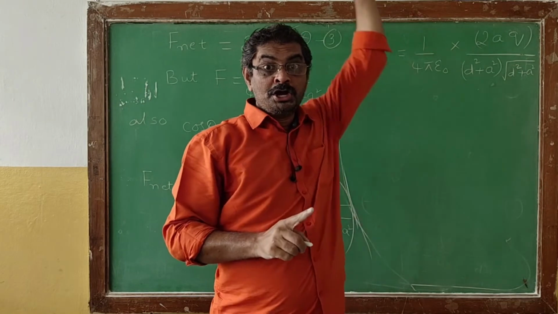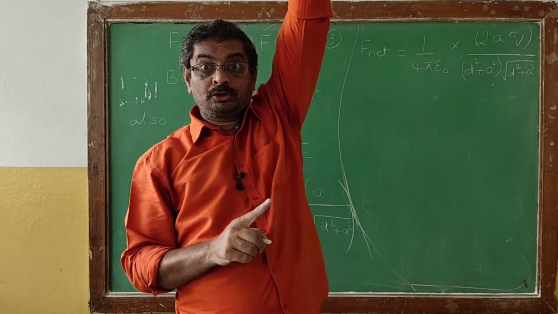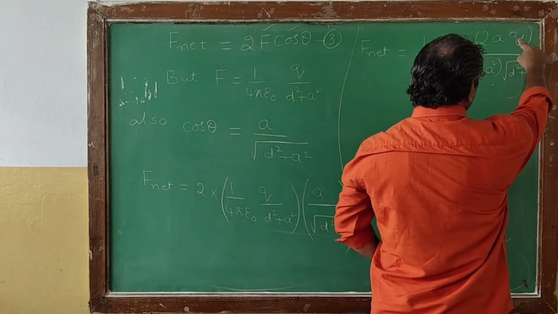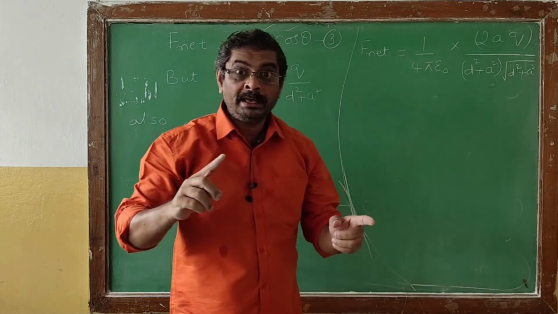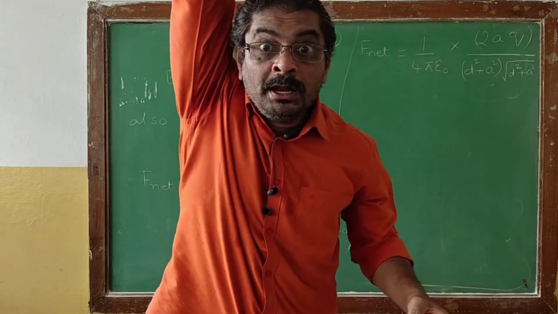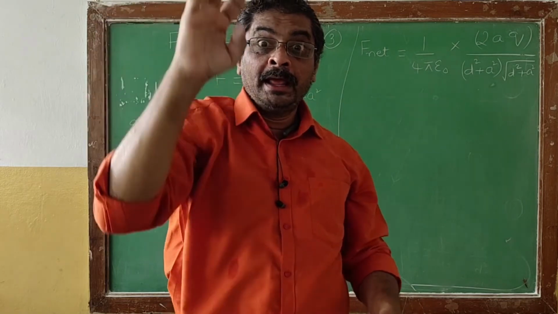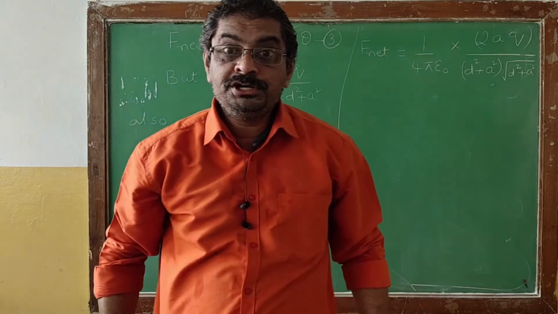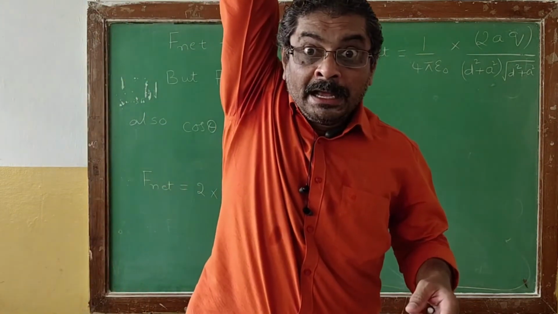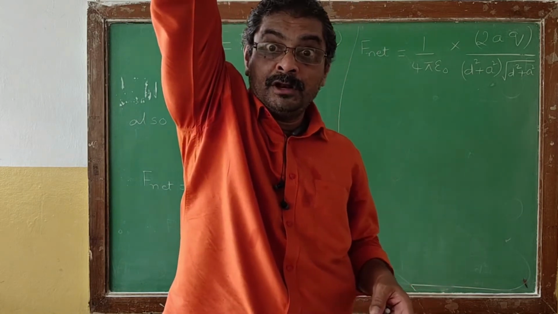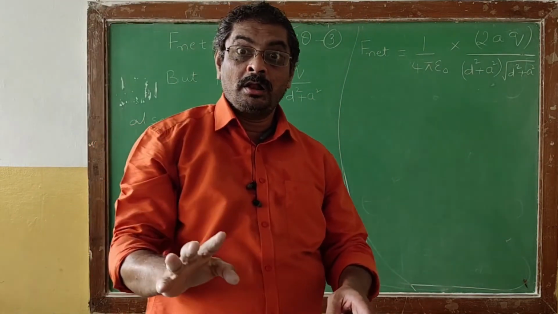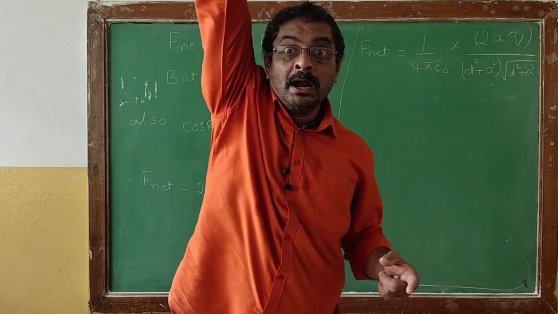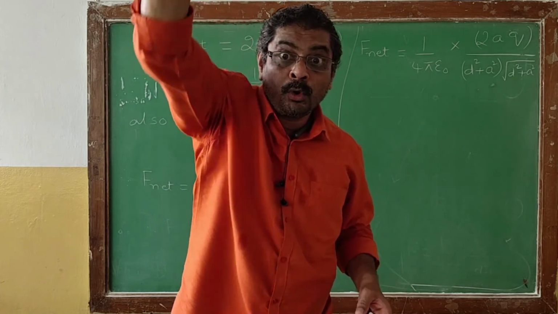So, if you remember from the previous topic, what is 2aQ? 2aQ is generally called the electric dipole moment, denoted by a capital letter P. You are already familiar with the electric dipole.